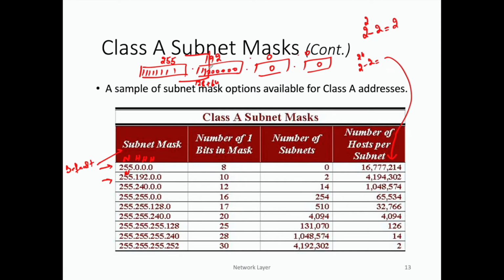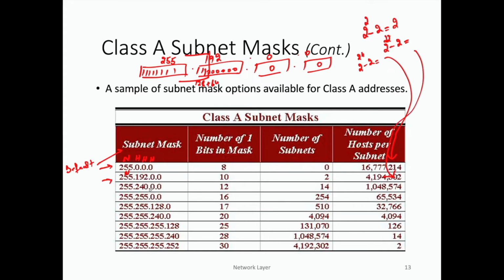Previously, the total bits in the host portion were 24. Since 2 bits have become part of the network, the remaining bits are 22. So how many host addresses can I have? 2 raised to power 22 minus 2. So this will give me this number, which is 4.1 million machines.